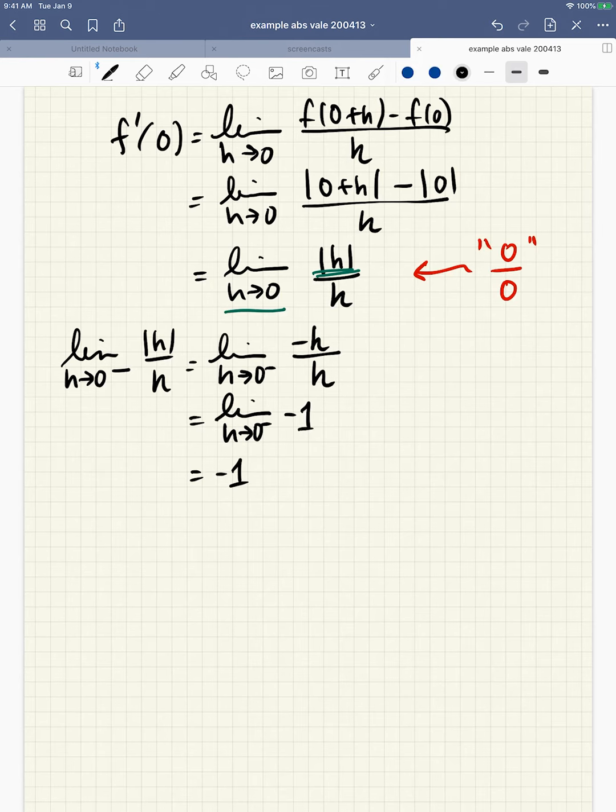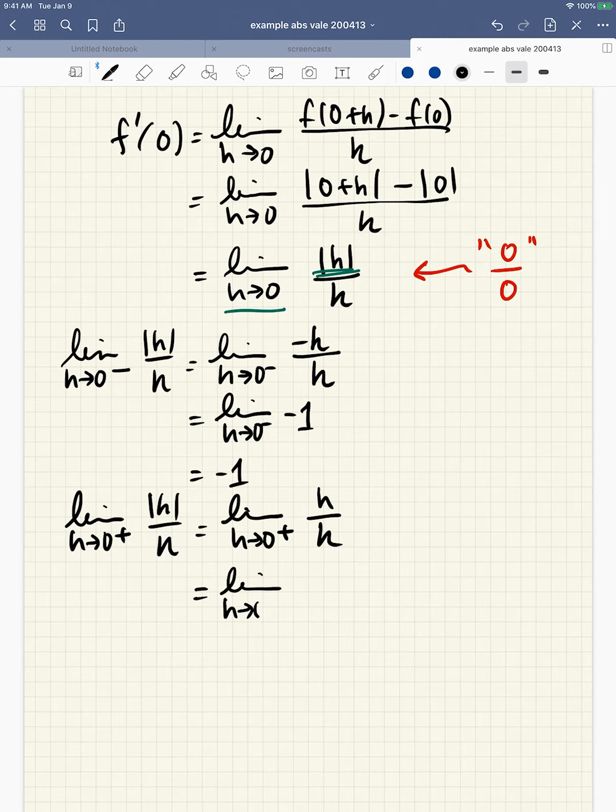So that one-sided limit is -1. So let's do the other one-sided limit. Okay, the limit as h goes to 0 from above. So h is positive, so the absolute value of a positive number is just that positive number. So we do that, and the h's cancel, leaving a 1. And the one-sided limit of a constant is just that constant. And so the limit as h goes to 0 from above of absolute value of h over h is equal to 1.